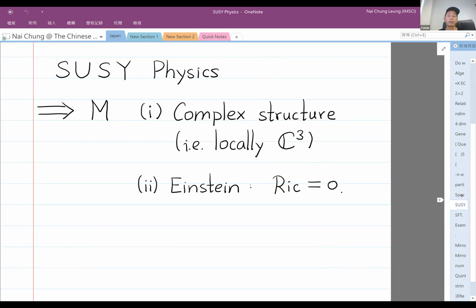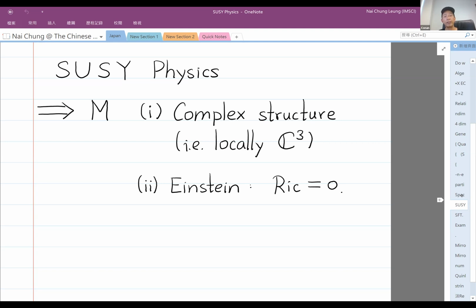Well, first of all, the physics of the 4-dimensional space is in fact governed by the geometry of the 6-dimensional tiny internal space. And the supersymmetry in physics will force this 6-dimensional space to have a complex structure.